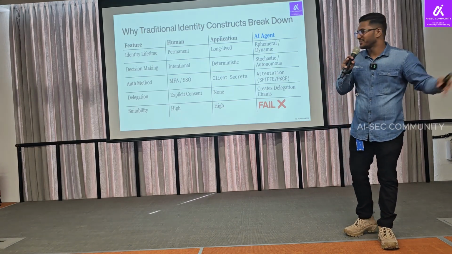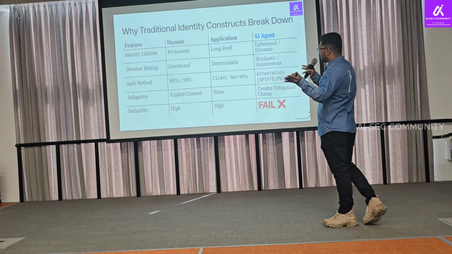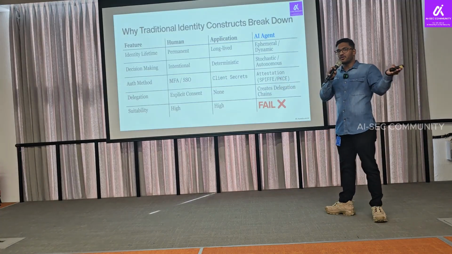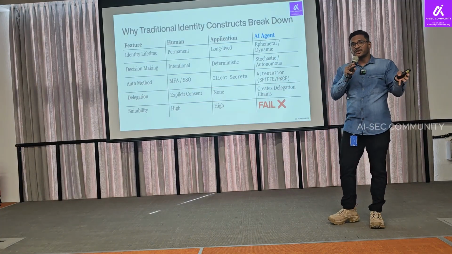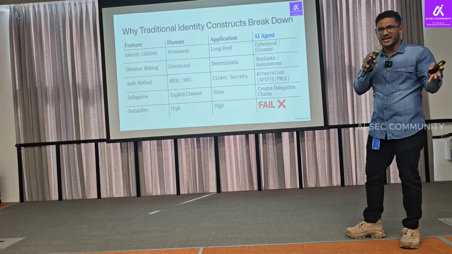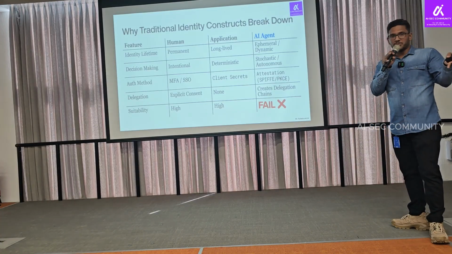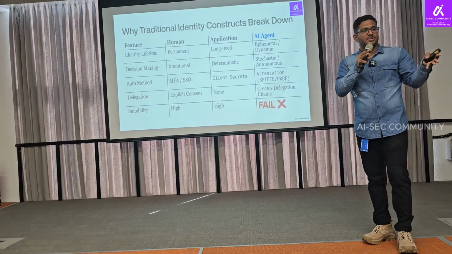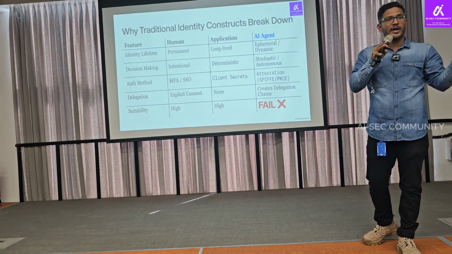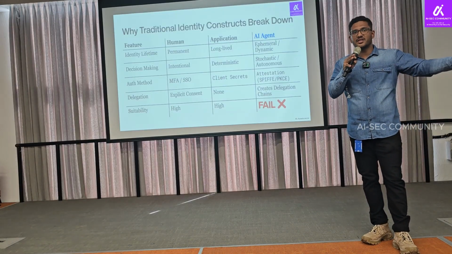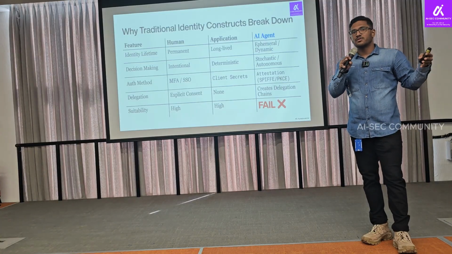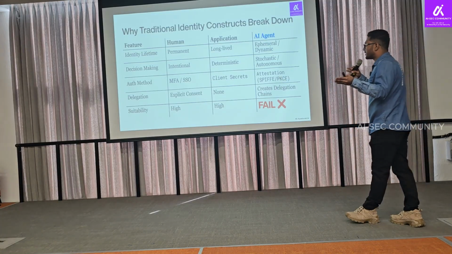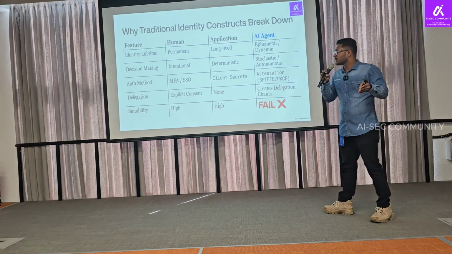In an application scenario, they're kind of long-lived. In an AI agent, or in any AI scenario, they're ephemeral. Ephemeral is basically a short-lived span where an agent can live for 30 seconds and then self-destruct. So that is the difference between human, application, and then AI agent.